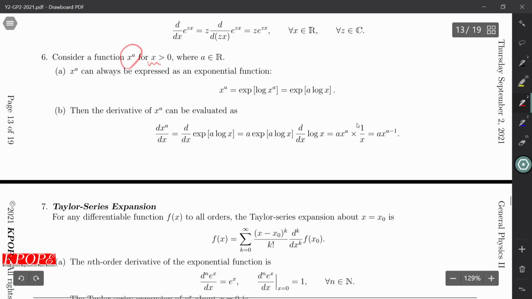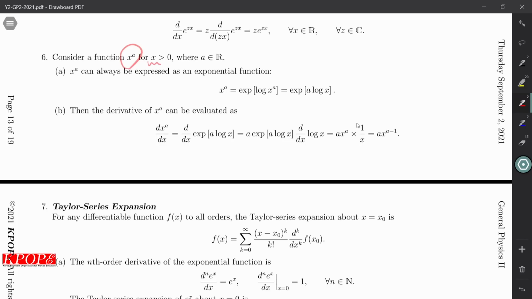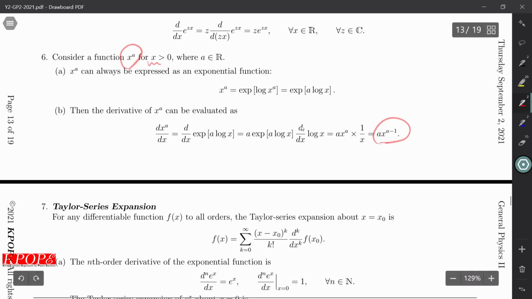We will find in a straightforward manner that the derivative of x to the a can be expressed as a times x to the a minus 1. The expression itself is identical to the polynomial derivative. But one should be very careful.